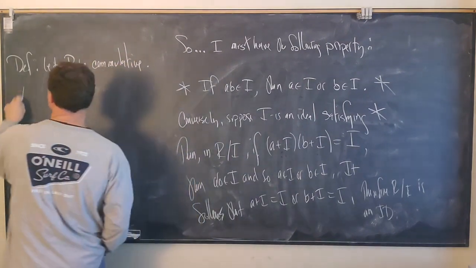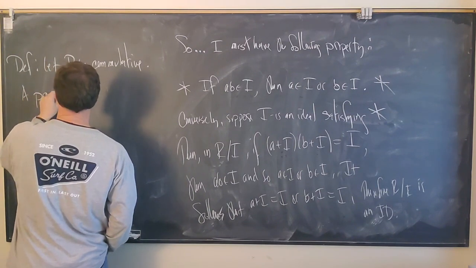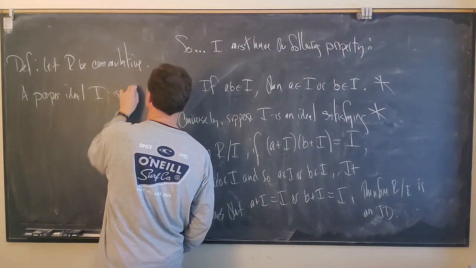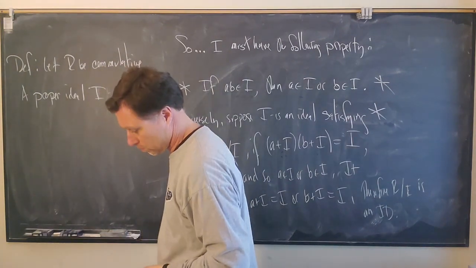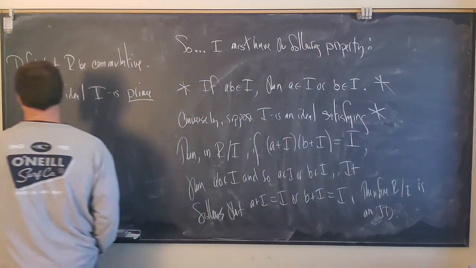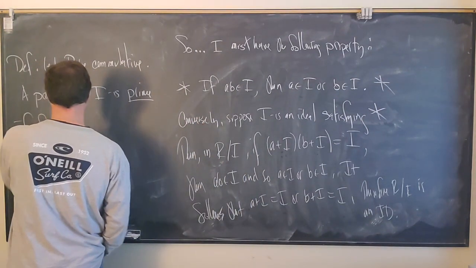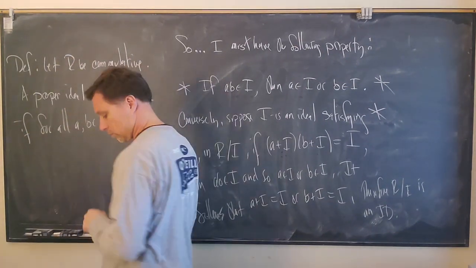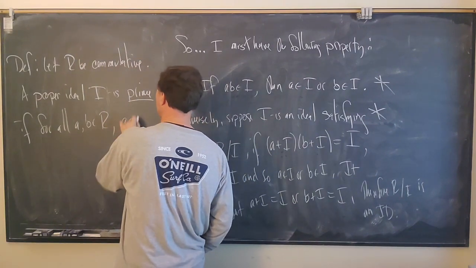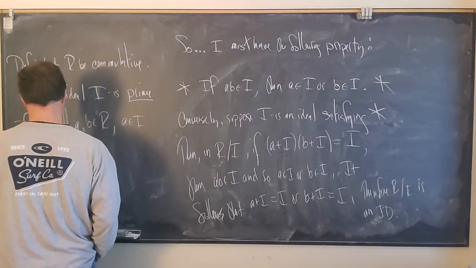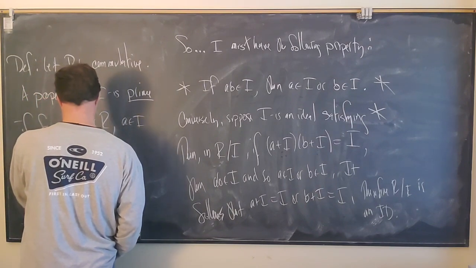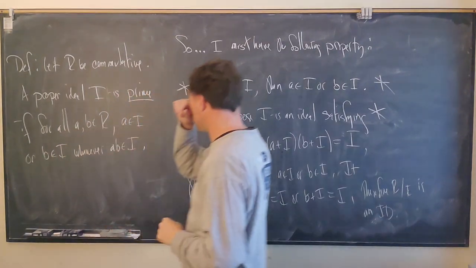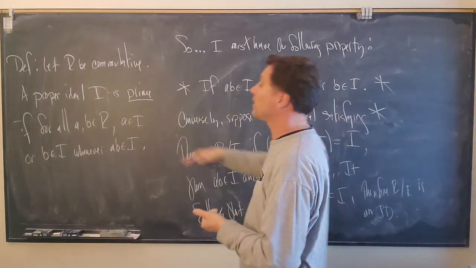A proper ideal I is prime if for all A and B in R, A is an element of I or B is an element of I whenever the product is in I. In other words, an ideal that satisfies property star is called prime.